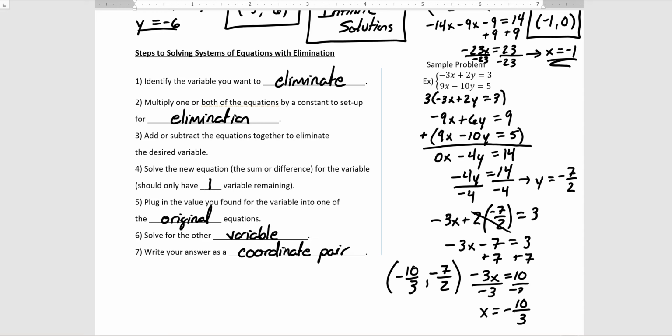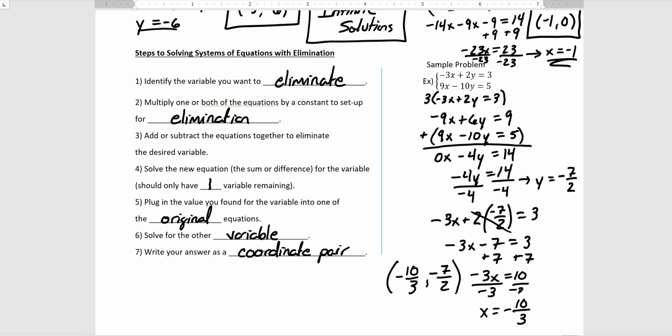I multiply, in this case, my first equation by a constant to set up for elimination. I'm going to add or subtract the equations together to be left with only one variable. And then I'm going to solve for that one variable. In this case, we got y as negative 7/2. Once I have that, plug it back into one of the original equations and solve for the other variable, x equals negative 10/3, and then write my answer as a coordinate pair.